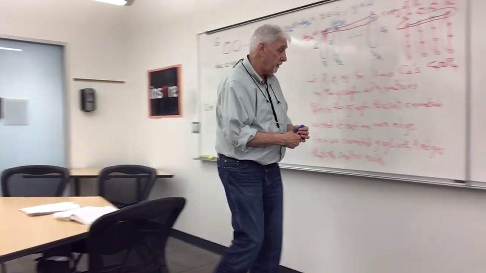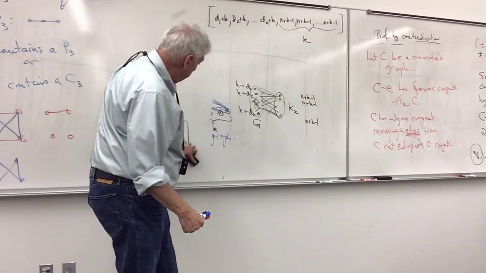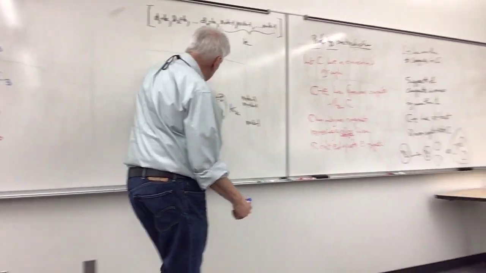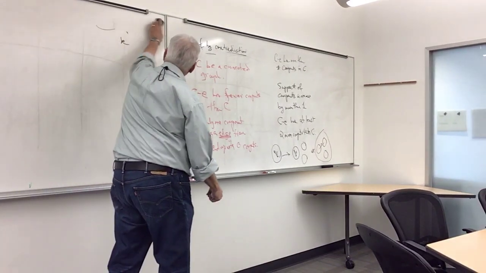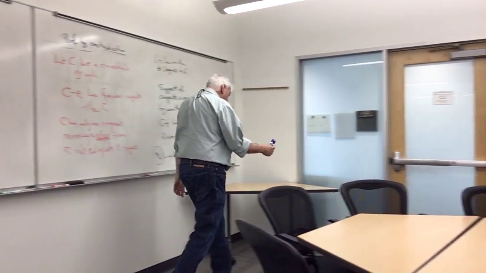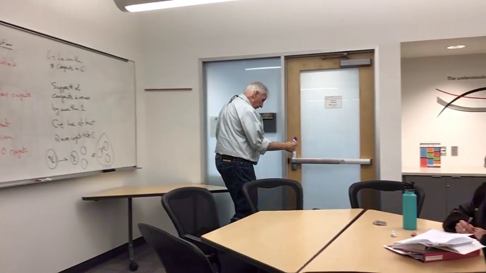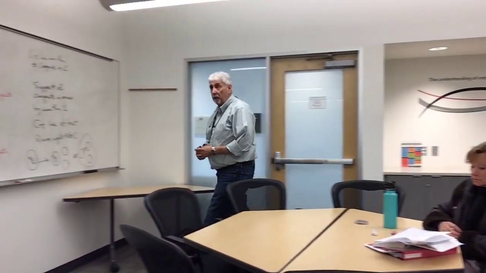Okay, but one more. 5. And they claim that the result works. When I say works, what is that? Let's see what that means. Okay, so I have a graph of order 5. And I want to show that it either contains a P3 or the complement contains a C3.